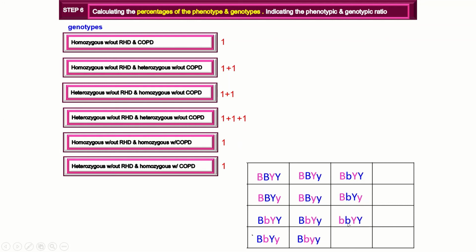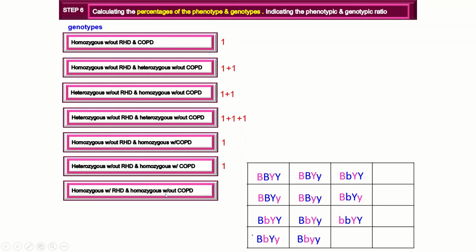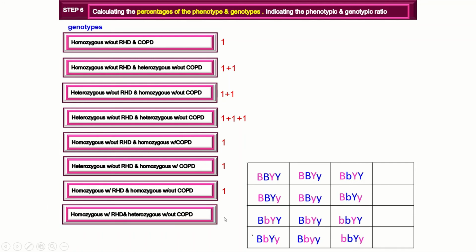Next, we have homozygous with RHD and homozygous without. So we need a new one, and that's one. Next, we have homozygous with RHD and heterozygous without COPD. Okay, so we have one, a different genotype.